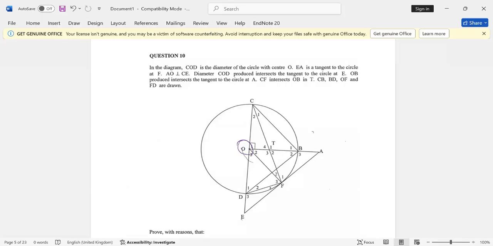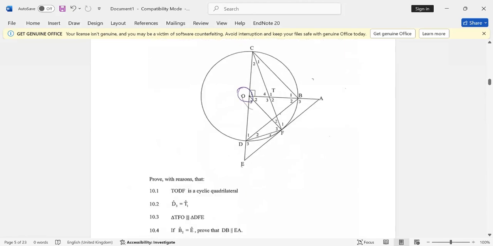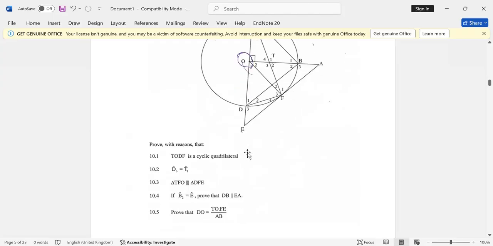Okay. So this is the statement of question number 10, and this is the diagram. We have over here triangle CEF, CBD, and a lot of triangles we can make out in this. Okay. So we have some proofs with reasons.